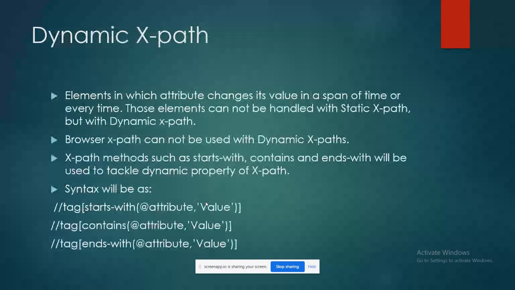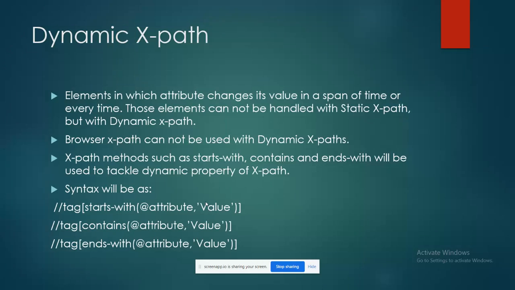Now, what is dynamic XPath? What we have covered so far is static XPaths, in which the value of the attribute doesn't change over time or with every interaction with that element. But generally speaking, these kinds of XPaths will not work for every situation.